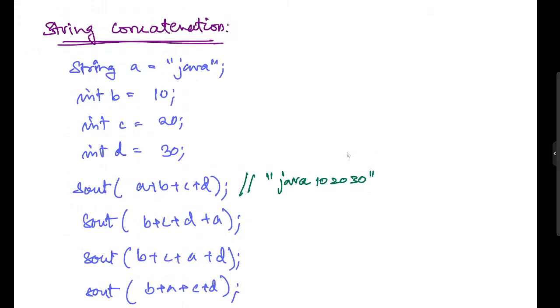Basically what you need to understand is that in Java, if you do string plus anything, you will get a string at the end of the day. That's how this works.